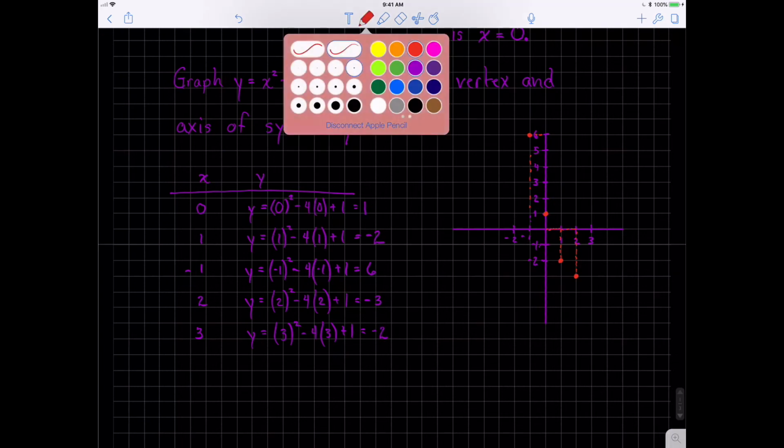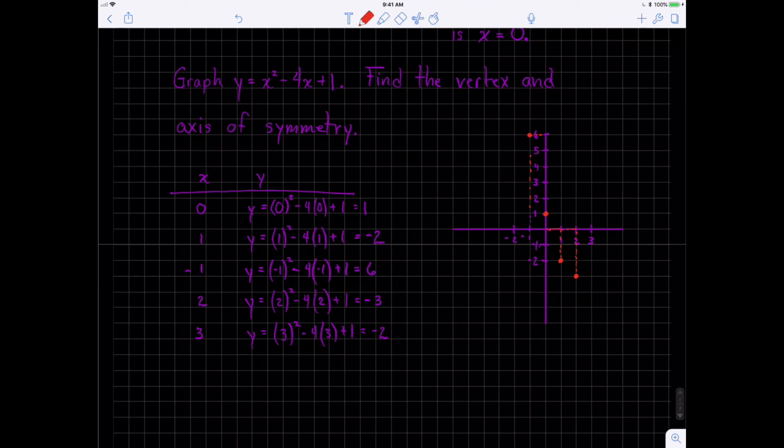Look at what happened. At 3, you go all the way over to 3, it only goes down to negative 2. And that means we've found our vertex. So here's what our parabola looks like. It starts from the vertex and it curves up. You can see it gets really steep up to this next point, and then it makes its turn and goes right back up the other side.